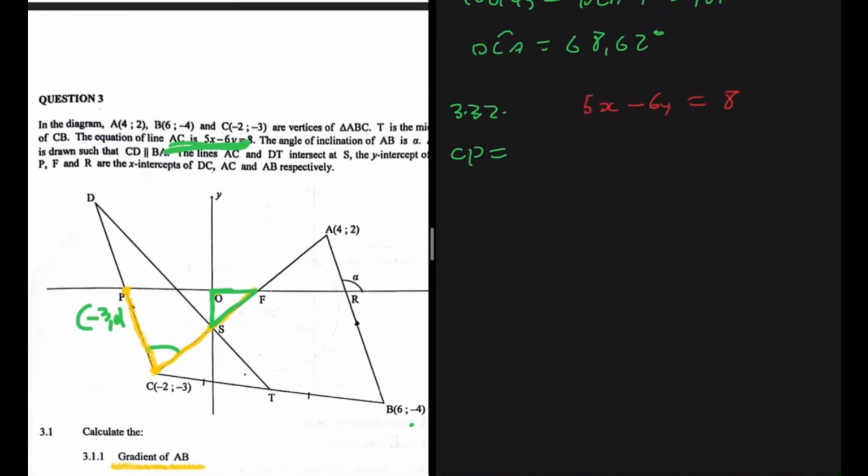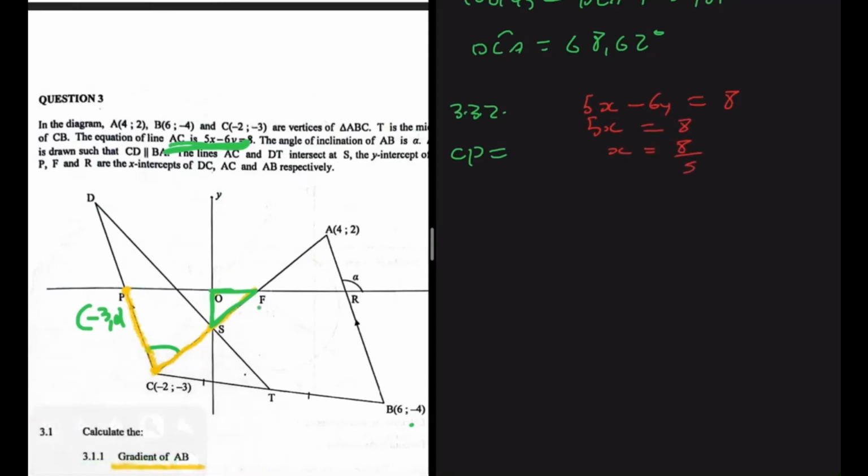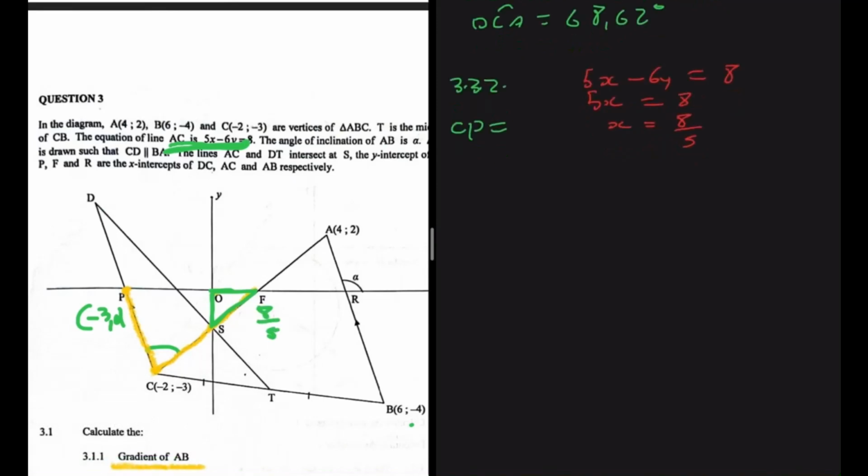So we say y is 0, so we're going to have 5x being equal to 8. So x is equal to 8 divided by 5. So here let's say 8 divided by 5.